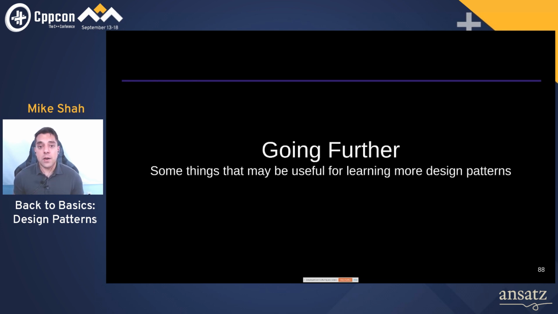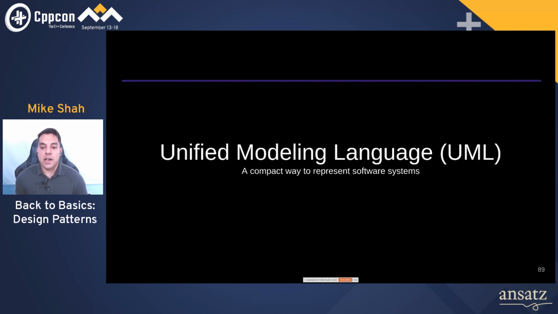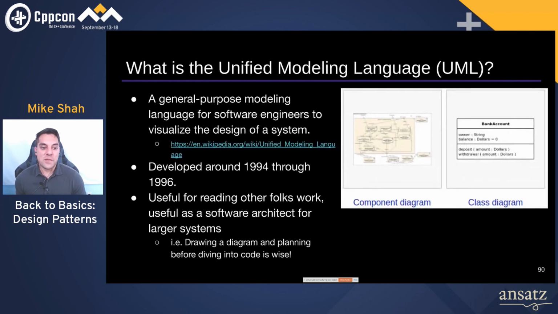One thing that can be helpful for design patterns is learning a little bit of UML. So I'm just going to run through a few slides here because this is how you'll often see them in the text. I just want to make you aware of what it is. There are lots of different ways to diagram these things, but UML is the Unified Modeling Language. It's just a general purpose way to diagram a class and the relationships among objects.